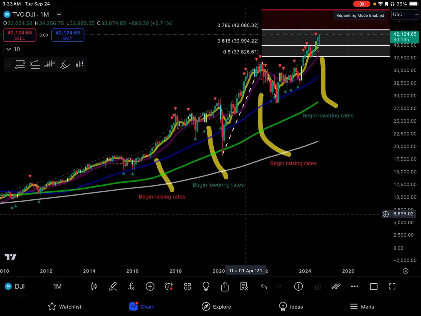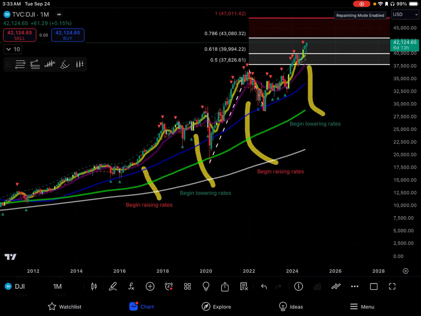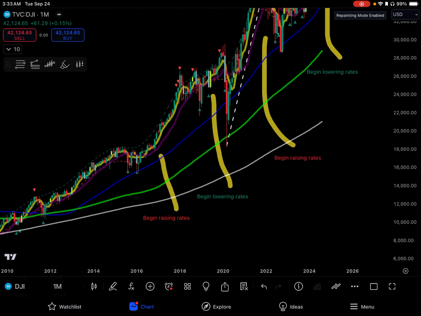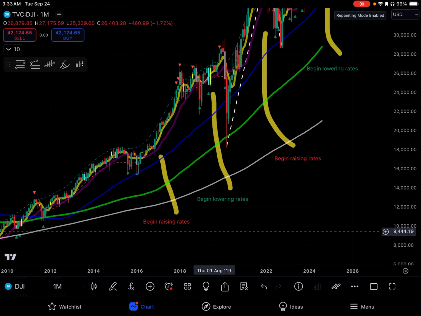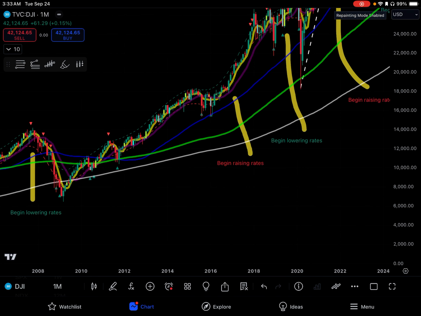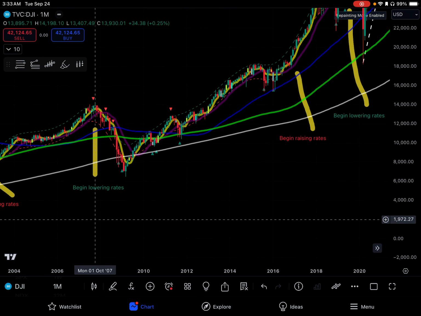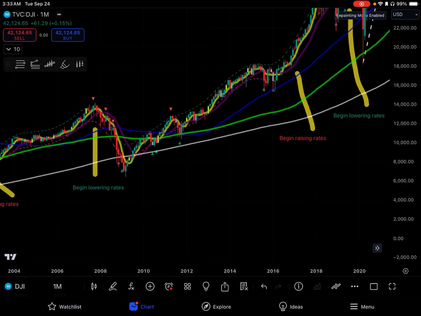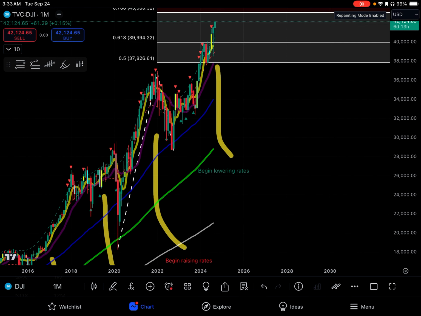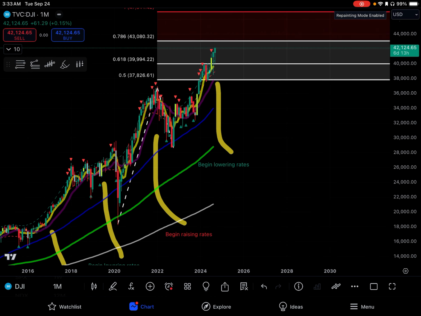Now, one thing that I didn't put on this chart that is on the Federal Reserve site is that pretty much all of these lowering of the rates were during a recession. So I'll share that link so everyone can see it. But it's very interesting to see the last two times we were during the bull run, and then we saw the drop off after, where all throughout history we've seen lowering rates during a decline and then saw a bull run.